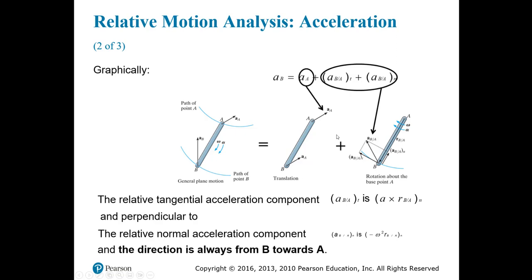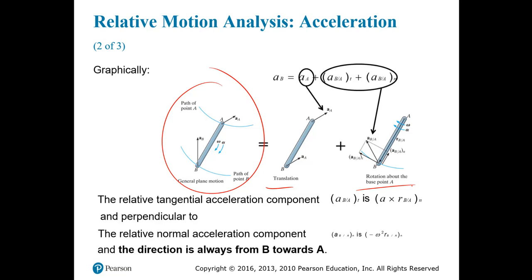So if we divide this as we did before, we have a general plane motion in which accelerations are specified and also omega and alpha. We can divide that into translation and rotation. And the rotation about a base point is divided into the relative acceleration of B with respect to A, and for that we will have a tangential component and a normal one.